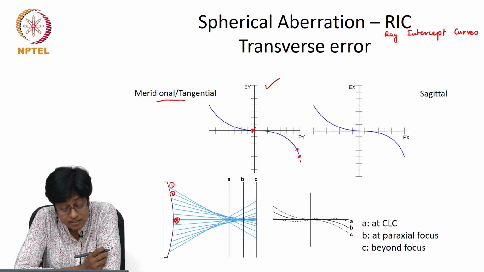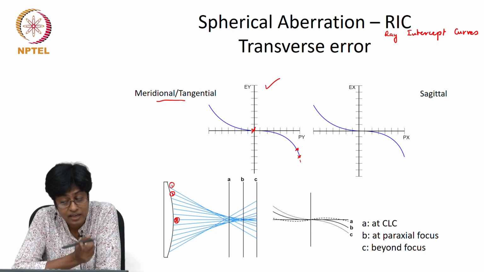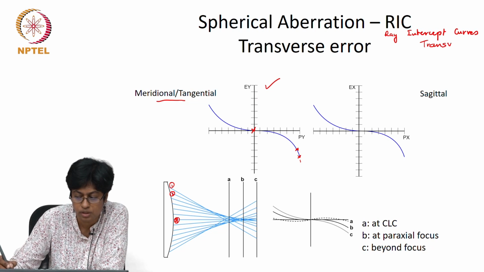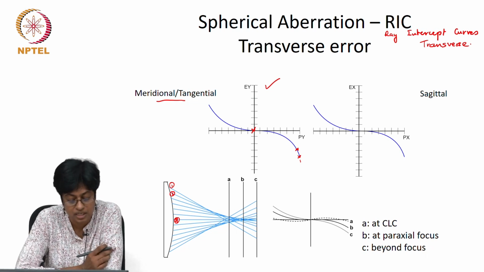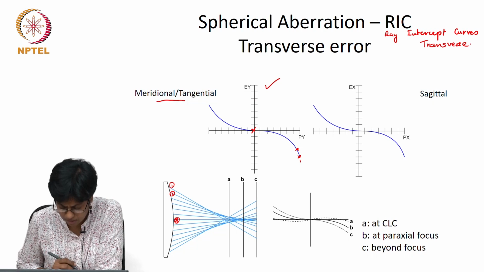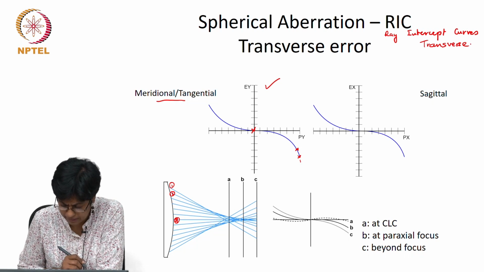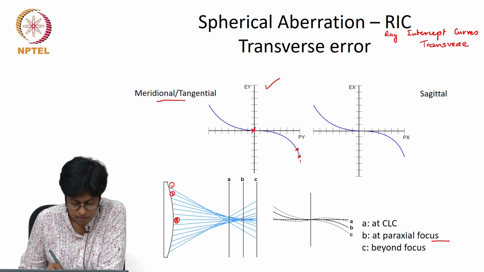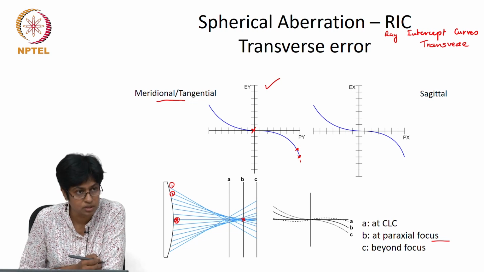So what is the error that is being plotted in the RIC curves? You are plotting the transverse error, not the longitudinal error. You are plotting the transverse error. So if I look at ray number 1, its transverse error, the ideal focal plane, so B is the ideal focal plane. So this is where the paraxial rays are getting focused.